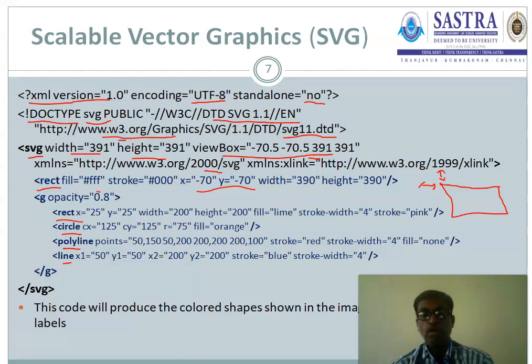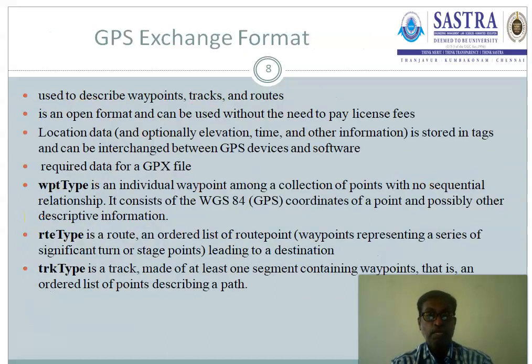For each and every point, 2 values are needed. According to this, there are 4 sides given. Polyline, line, only 2 points, starting point and ending point, given as x1, y1, x2, y2 values as parameters, and then the other properties, if you want, you can include that. This is an example for an SVG graphics script.